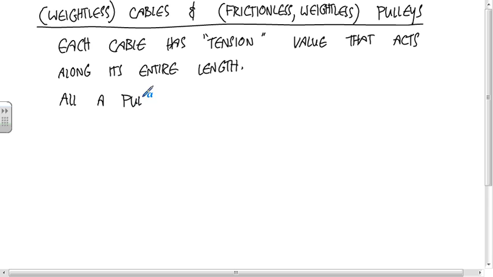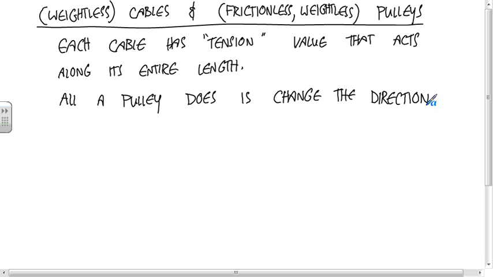All a pulley does is change the direction of the force caused by that tension.